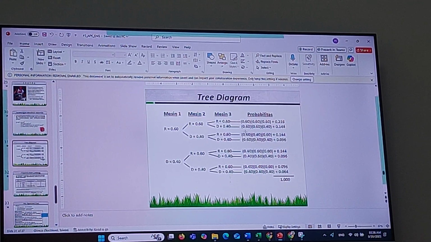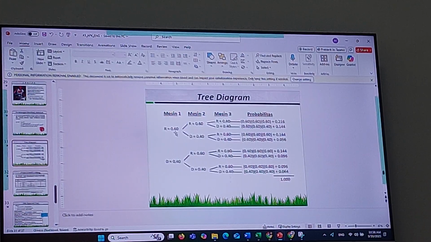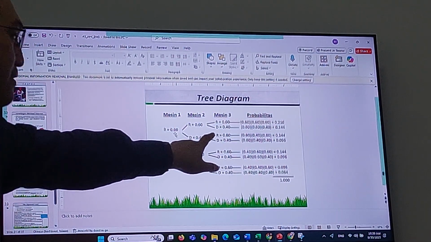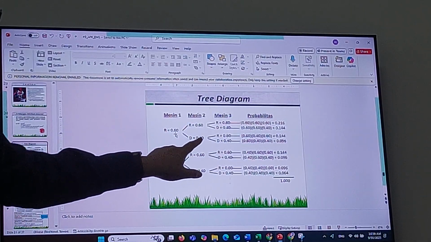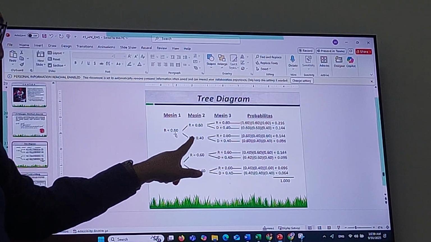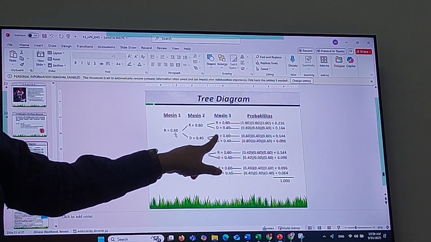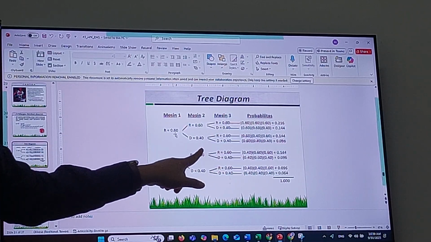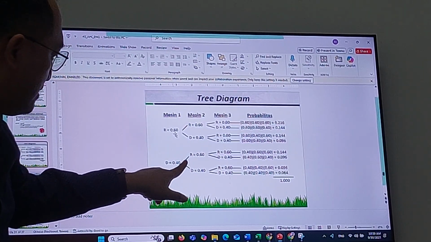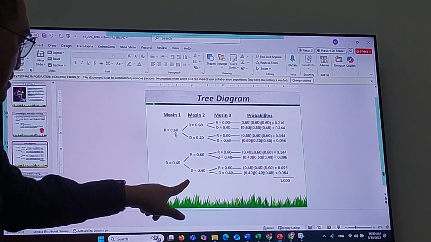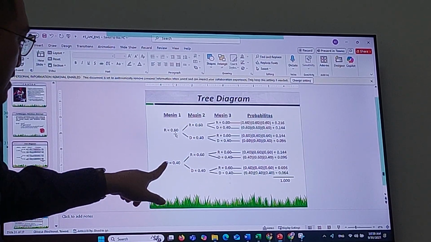And then, any more? This one for the second. Correct? For the second, running, downtime, running. And then, anything else? Which one?